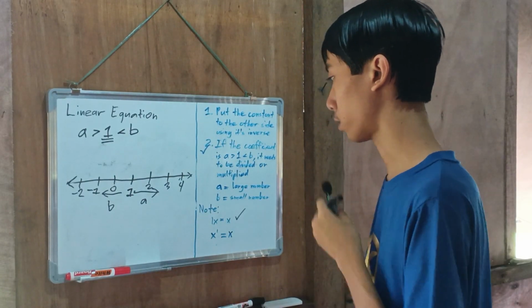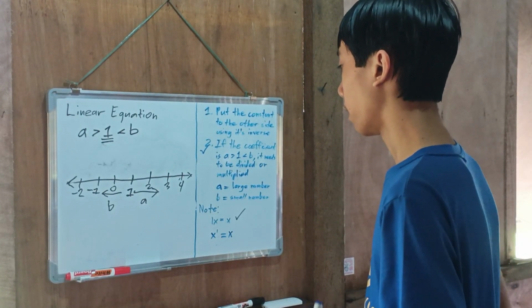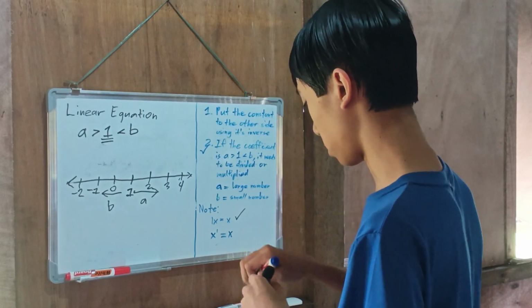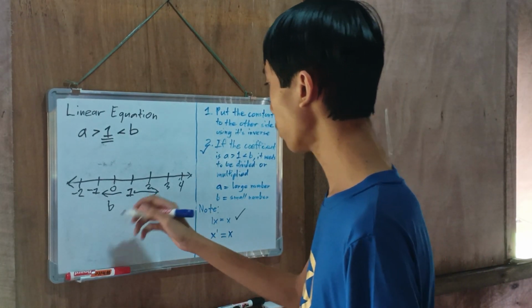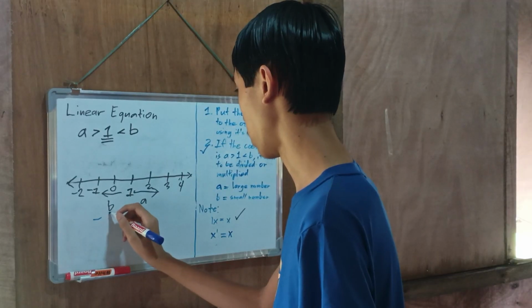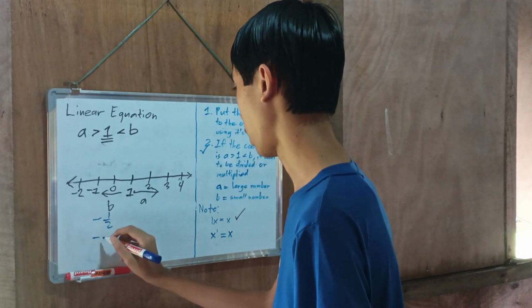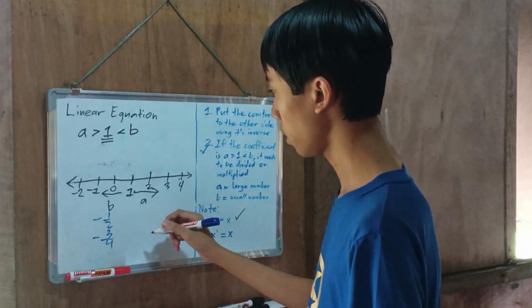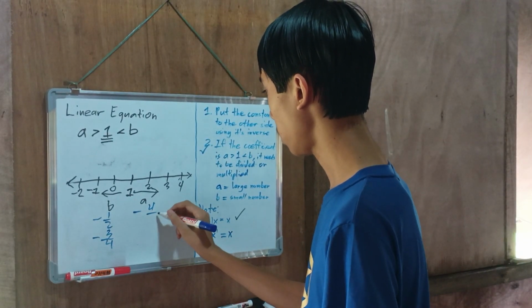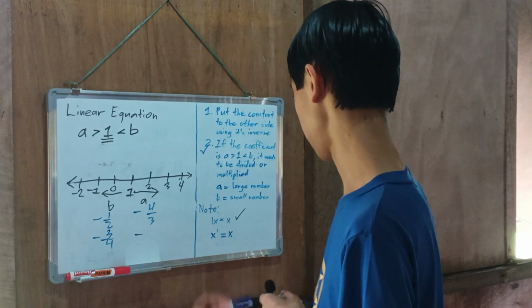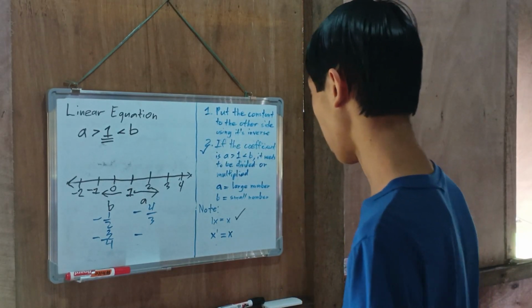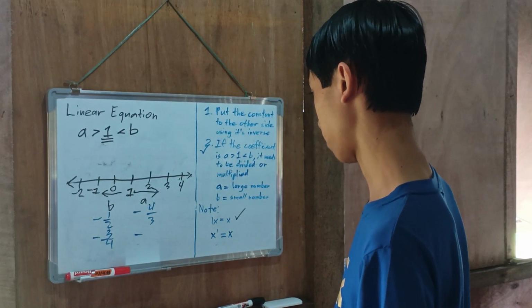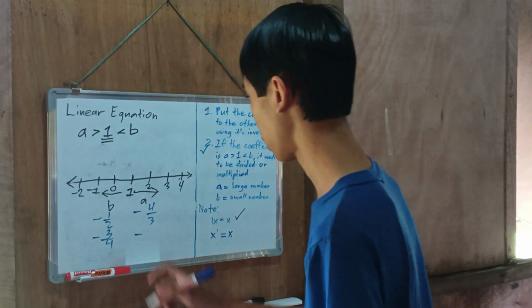Now, also examples here are fractions. Fractions are very important. For example, part of b is 1/2 and 3/4. And from a, it's like 4/3 and 7/3.